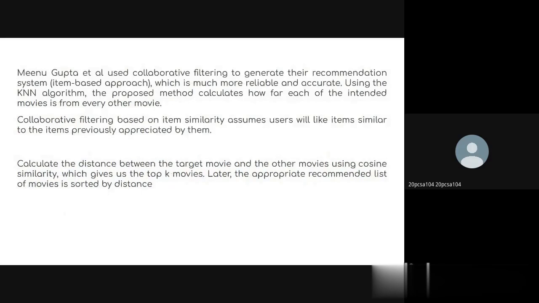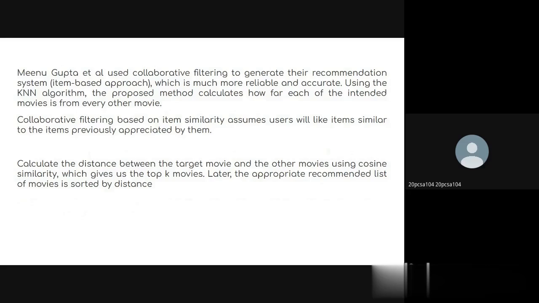The next method uses the item based approach, in which the similarity between two items is considered and not any other characteristics. It uses the KNN algorithm, which is the K nearest neighbor, so the items that are most similar to each other are recommended here.